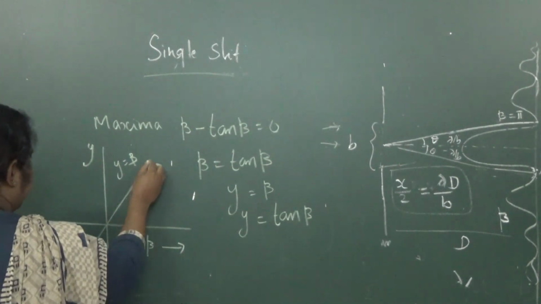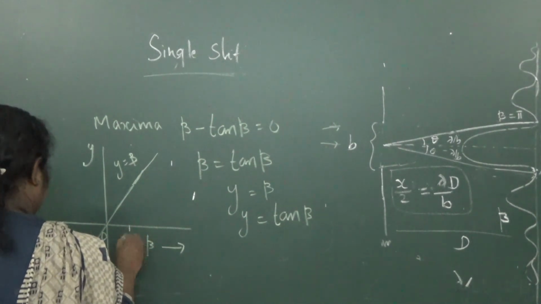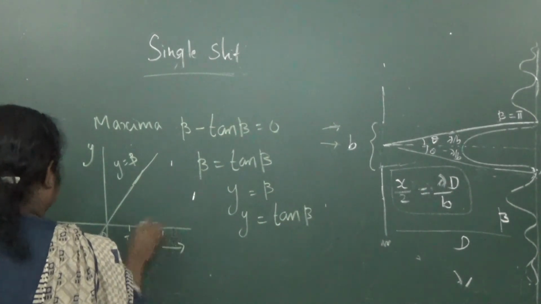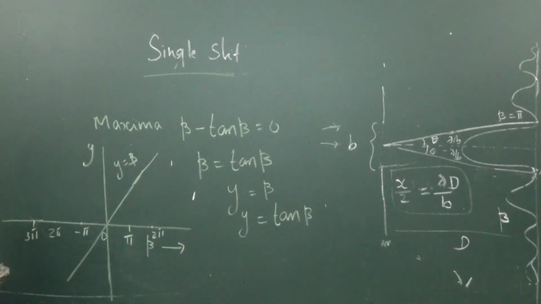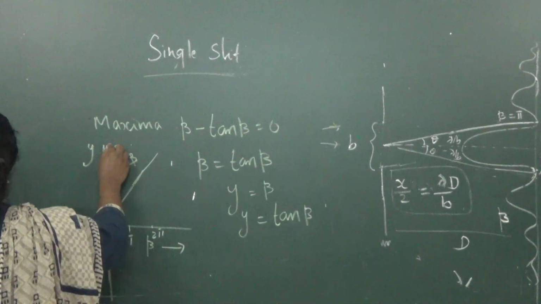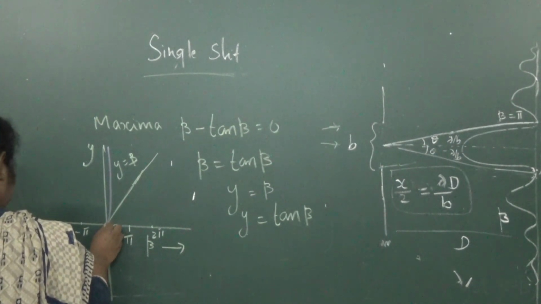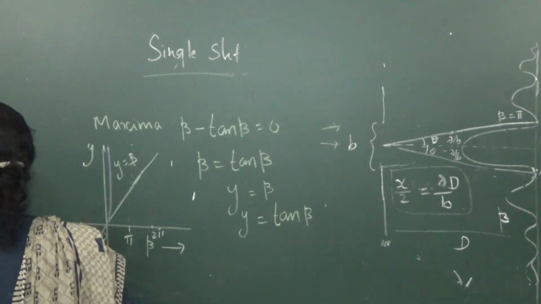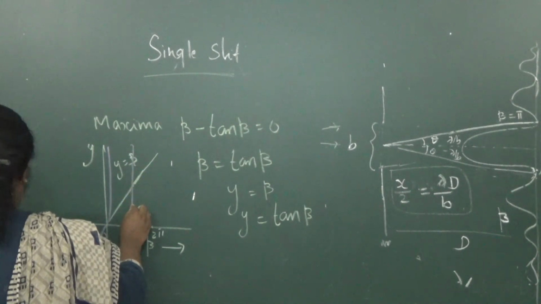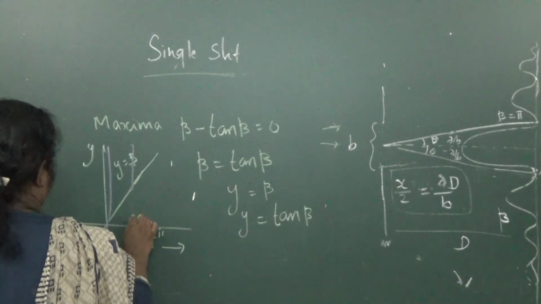Now if I draw the tan beta graph, with 0, pi, 2 pi, similarly minus pi, 2 pi, 3 pi, etc. Now if I draw the graph for tan, the graph will be like this.